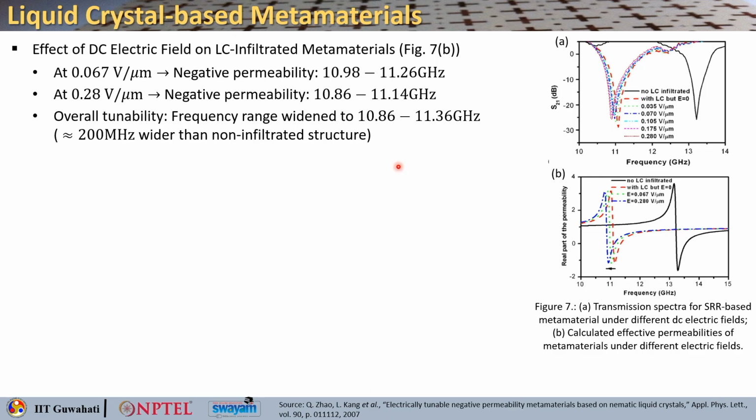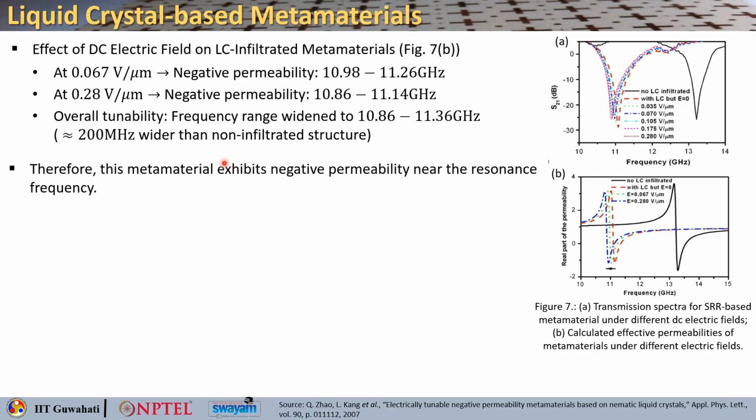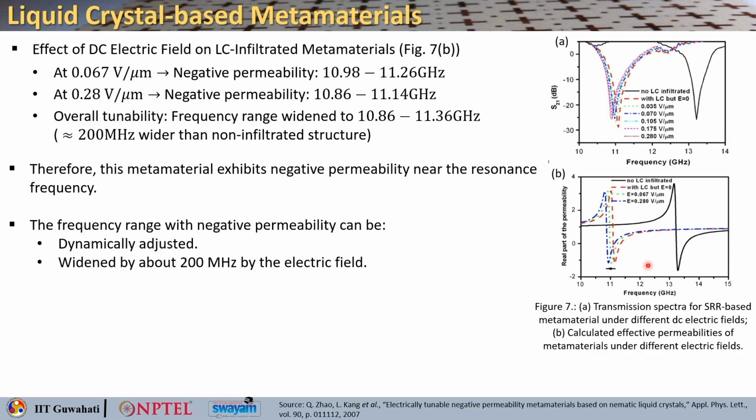What we observe here is that the overall tunability is between 10.86 to 11.36 gigahertz, which is almost a 200 megahertz tuning range, wider than the non-infiltrated structure. So, you can understand that this metamaterial exhibits negative permeability near its resonance frequencies.